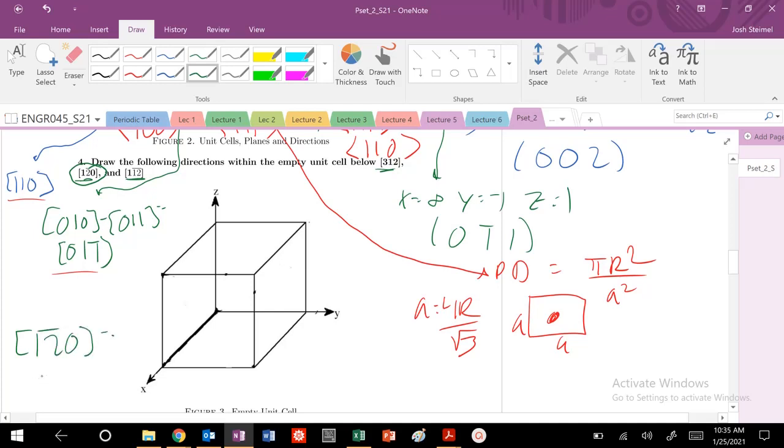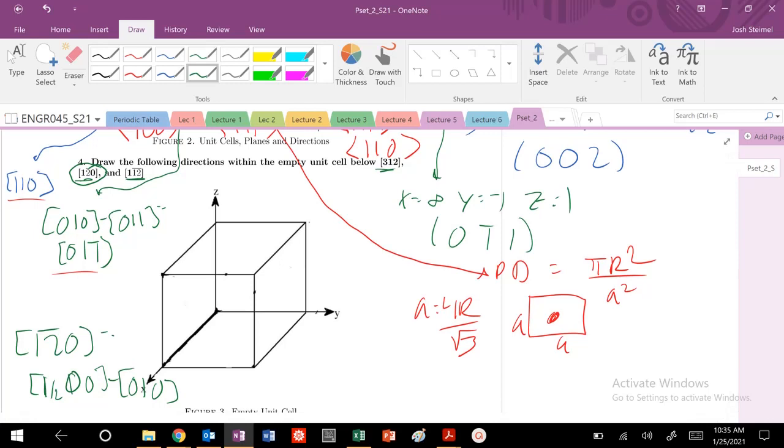So my finish vector, I want my intersection to be a half, 0, 0. That's my finish, and I want to start at 0, 1, 0.